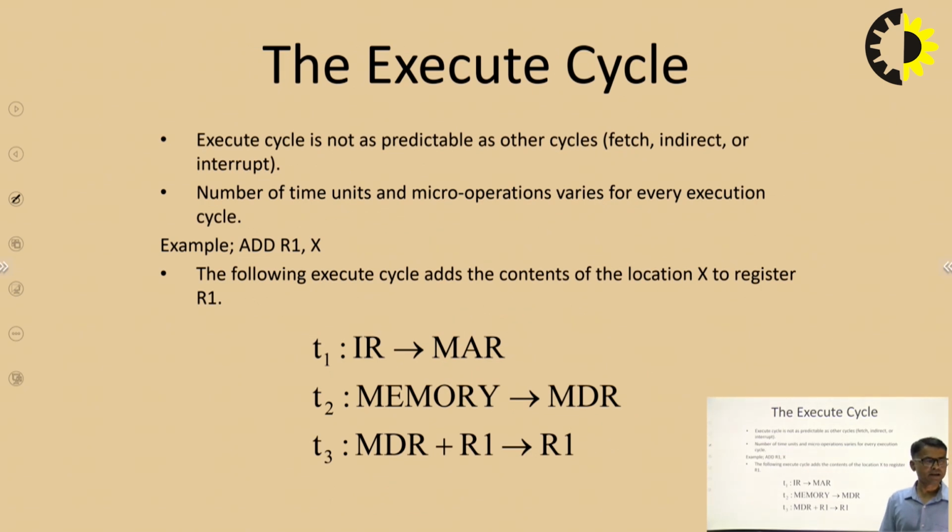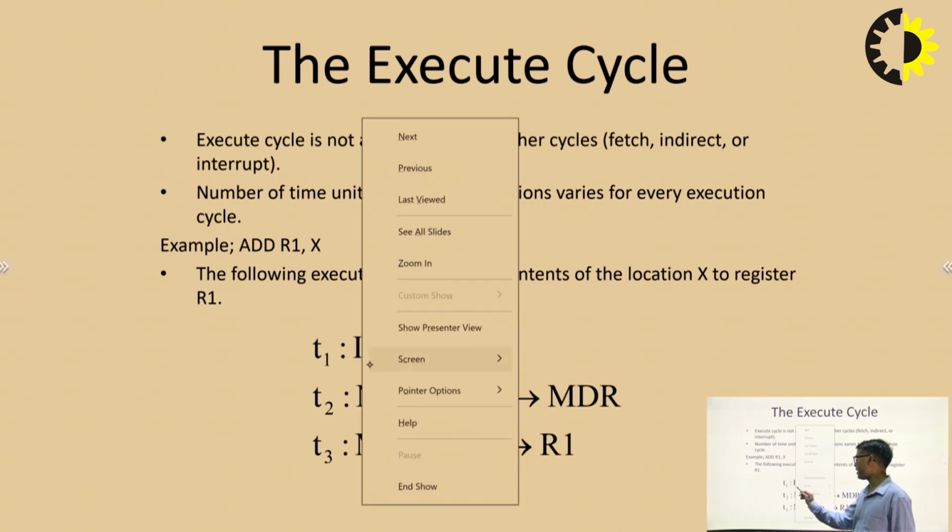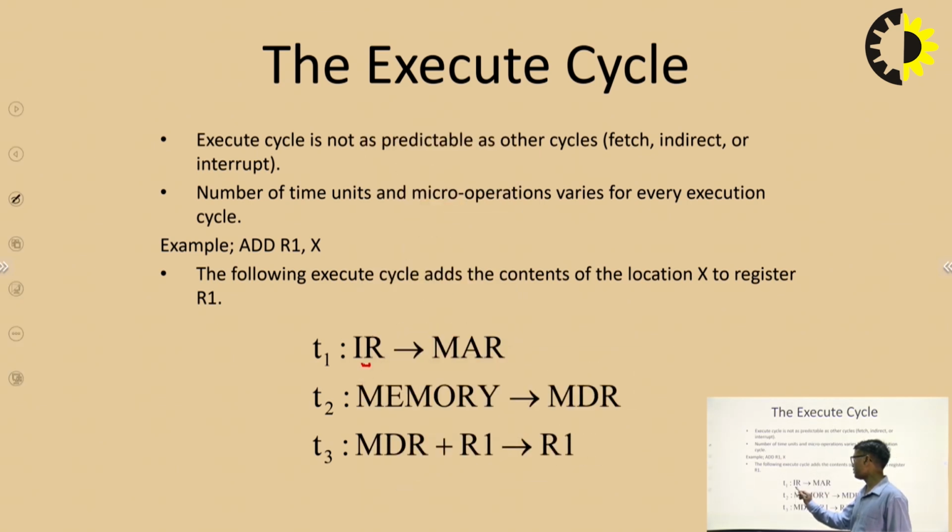Now, the final step for the execution of a complete instruction is the execution cycle. So, we know that at time t, the instruction register has the instruction. It will take the address part to the MAR and get the data from the memory to the MDR.